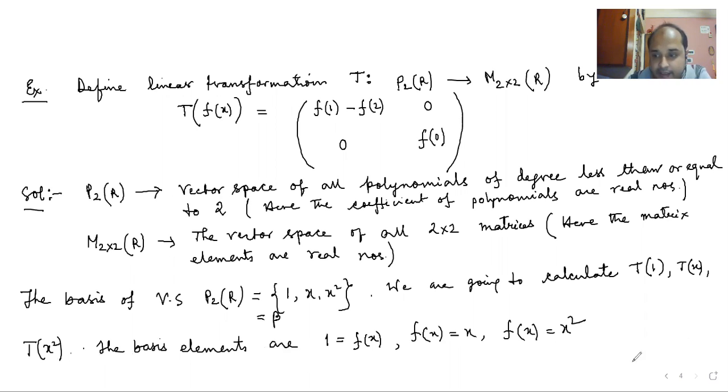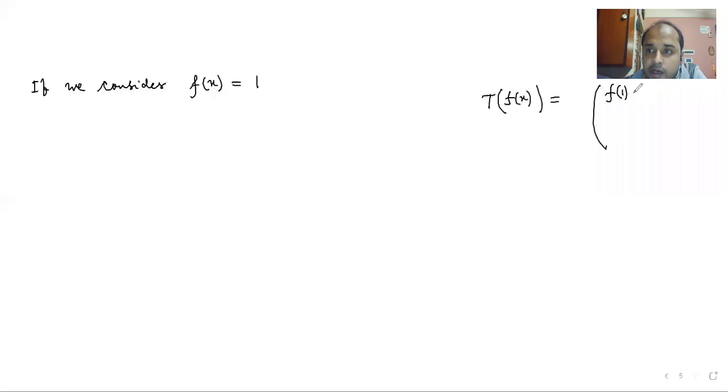Let us write in the next page, these are the three basis points. Now if we consider f(x) equal to 1, and we know that T of f(x) is given by this formula, f of 1 minus f of 2, 0, 0, f of 0.